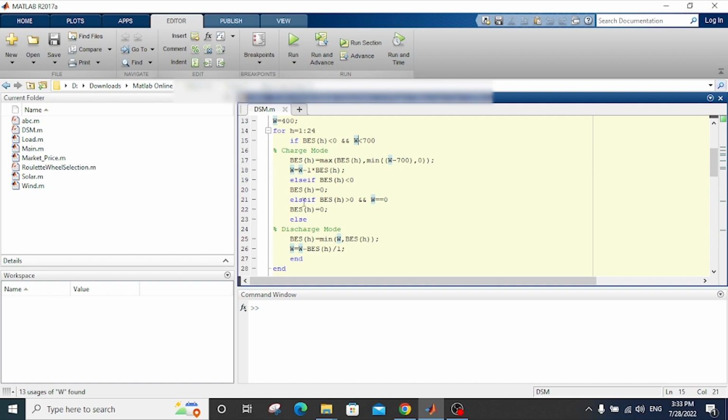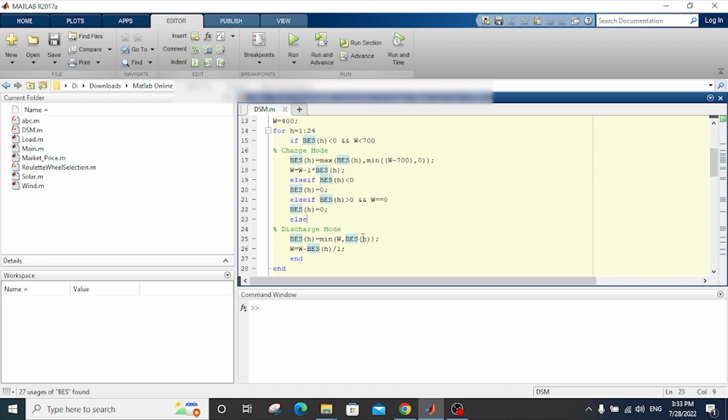But we also have other cases. If the battery storage is positive and the energy stored in the battery is 0, the constraint is applied on the battery storage and it equals 0.